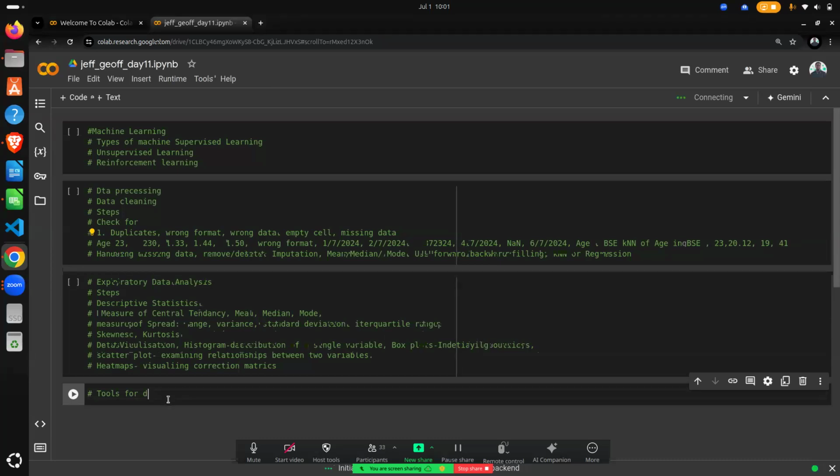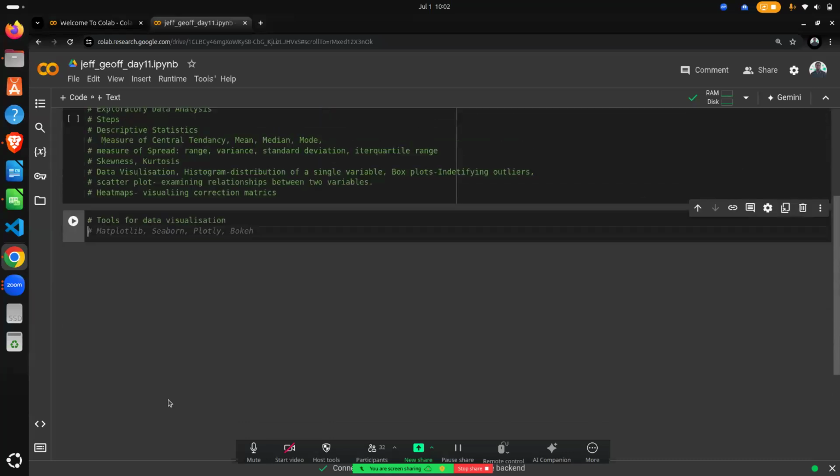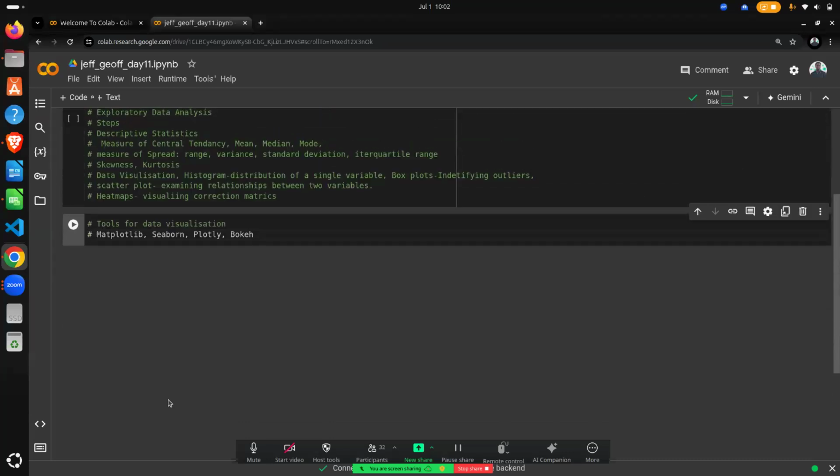So what we are going to do here, tools for data visualization. Now, the tools for data visualization are what we call Matplotlib, Seaborn, Plotly, and Bokeh.